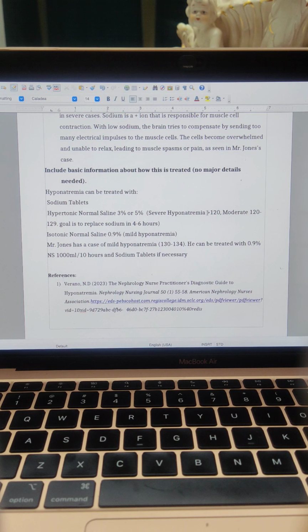So with this situation, the goal is to replace the sodium within 4 to 6 hours.